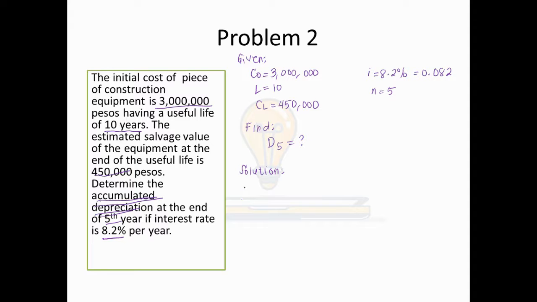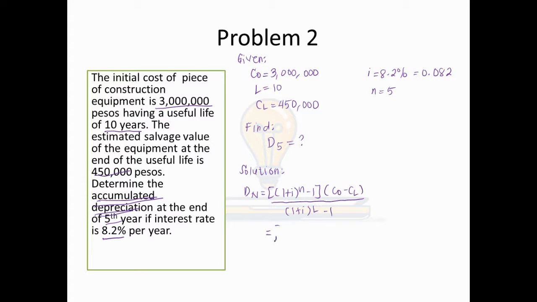So almost the same solution. We'll be using the formula D sub N is equal to 1 plus I raised to N minus 1 multiplied by C sub 0 minus C sub L all over 1 plus I raised to L minus 1.